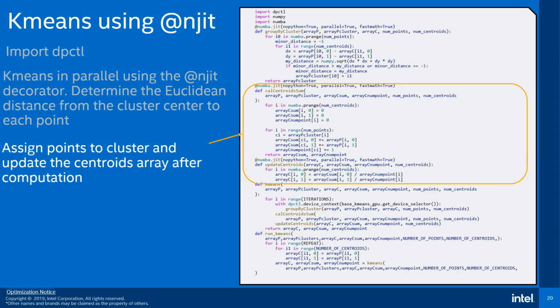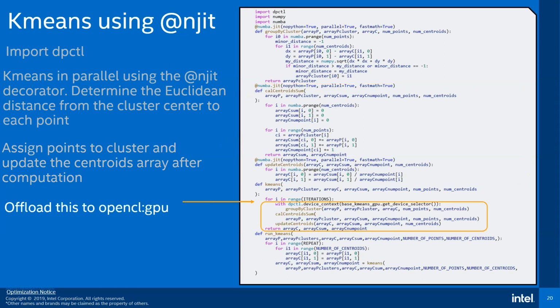I have this complete code on GitHub, and the link will be shown when we actually go to the dev cloud or JLSC. Once we have the algorithm ready, we are now offloading this to the device, and we're calling the Dpctl layer again, and we offload this to the GPU side of things.